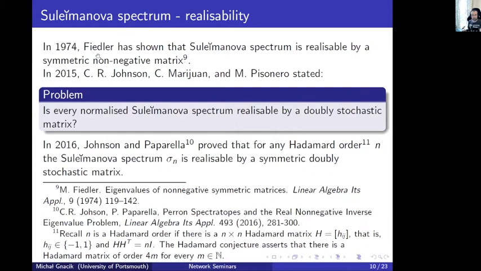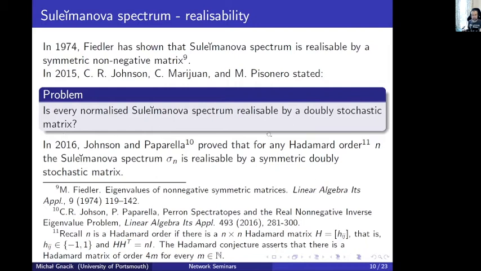Then about 5 years ago, apparently in a private correspondence, though I read about it in one of the papers, Johnson, Marijuan, and Pisonero thought that it might be possible. So they stated this problem: is every normalized Sulimanova spectrum realizable by a doubly stochastic matrix?